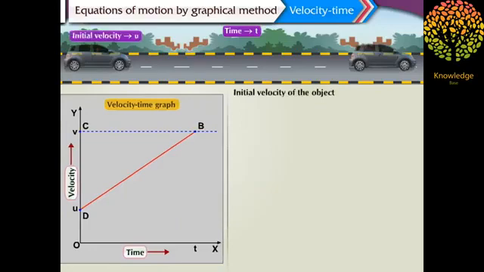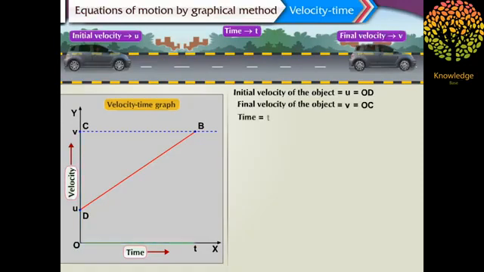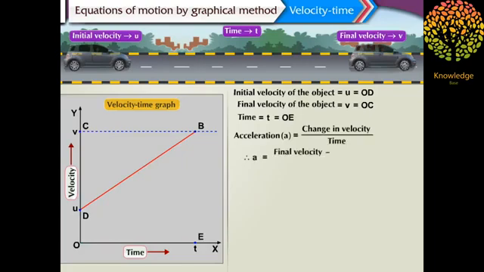The initial velocity of the object is u, that is equal to OD. The final velocity of the object is v, that is equal to OC. Time t equals OE. Acceleration a equals change in velocity upon time. Therefore, a equals final velocity minus initial velocity upon time.